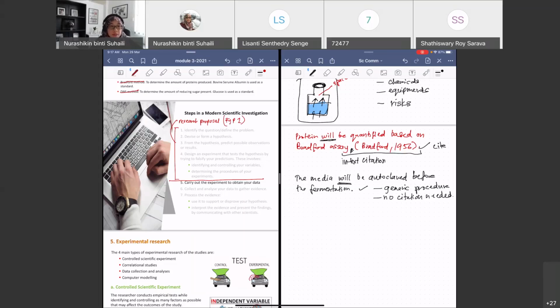Right. So when you have the proposal, what is the importance of the proposal is that remember that research is a systematic process. So we do not want researchers to start the work without a proper plan.